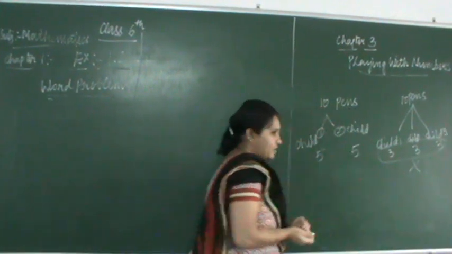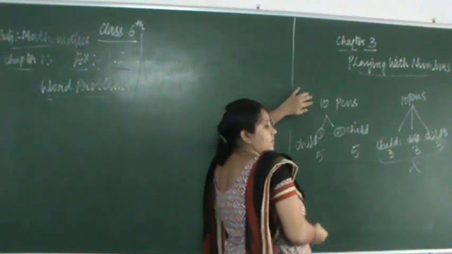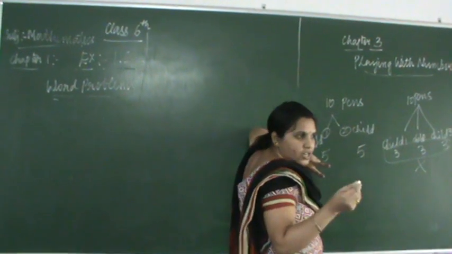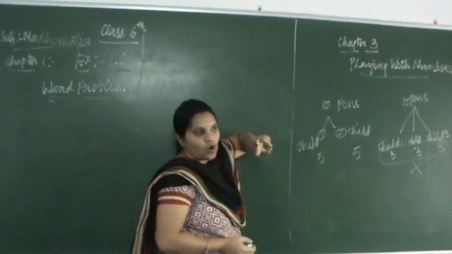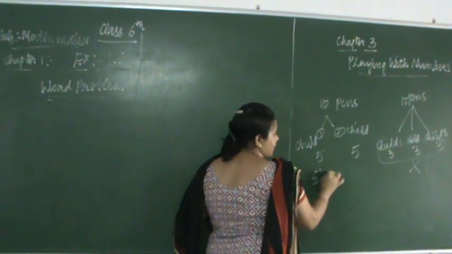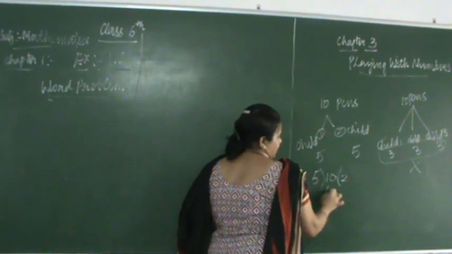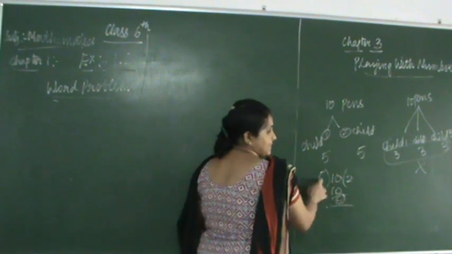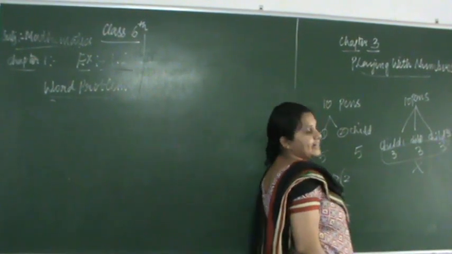Whereas in the first case, when 10 pence is divided among 2 children, they get an equal share of 5 pence. That is how we get it, children. 10 divided by 2 is 5, 5 2s are 10. So this is an exact factor, that is, exactly divisible.